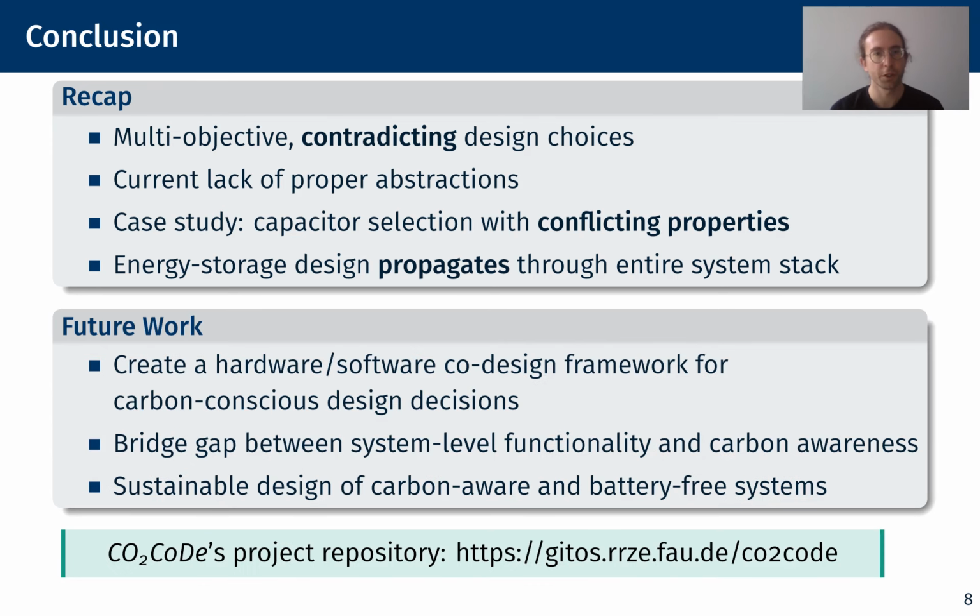What we want to achieve in future work is to create a hardware-software co-design framework for carbon-conscious design decisions, handling these conflicting properties and interdependencies. This way, we can bridge the gap between system-level functionality and carbon awareness, and are able to sustainably design carbon-aware and battery-free systems.